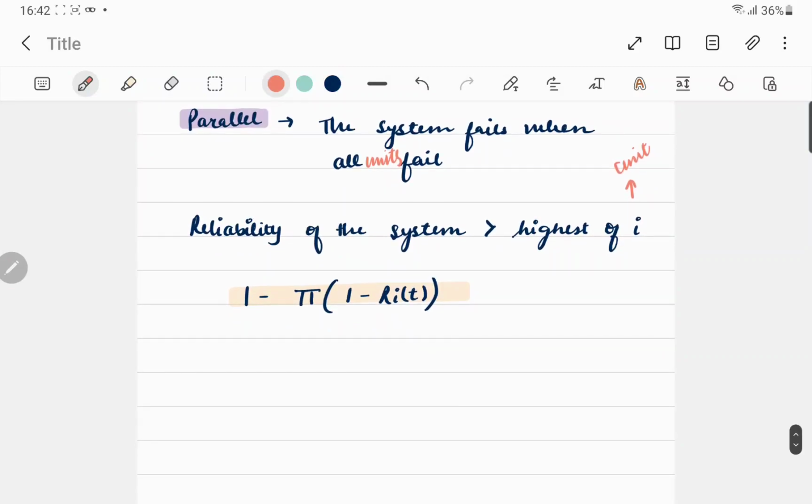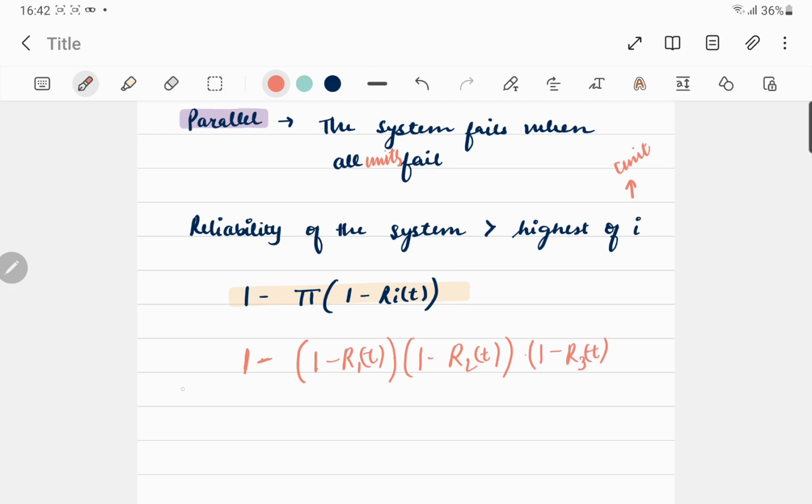And the reliability function is defined as this. So it will be 1 minus the multiplication of (1 minus R1(t)) into (1 minus R2(t)) into (1 minus R3(t)).